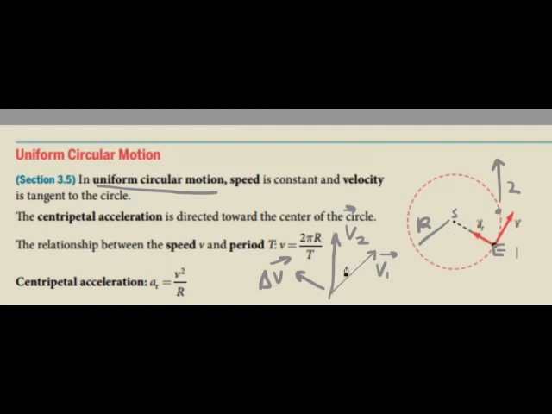So if I take a very small time interval, then v1 will be in this direction, v2 will be in this direction, and delta v will be back towards the center. And that's called the centripetal acceleration. And that's shown here in the picture as this vector directed towards the center of the circle.